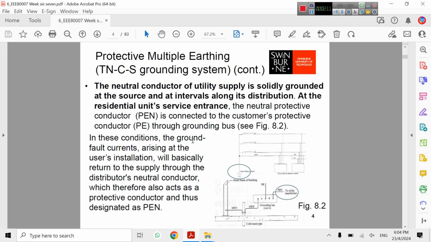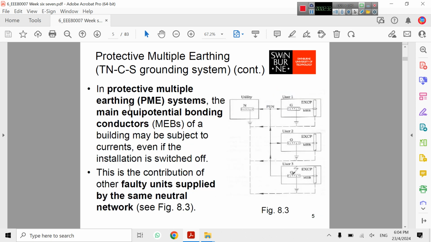In this condition, the grounding fault currents arising at the user's installation will basically return to the supply through the distributor's neutral conductor, which therefore also acts as a protective conductor and thus designs a PEN system.